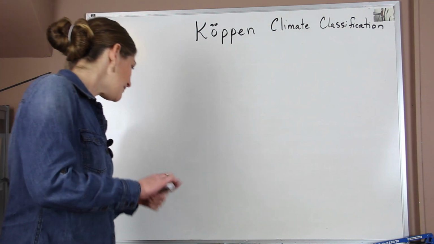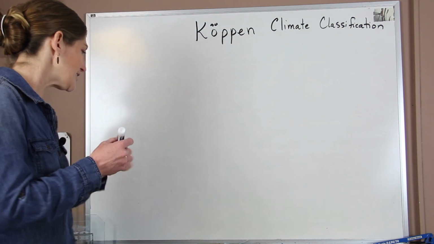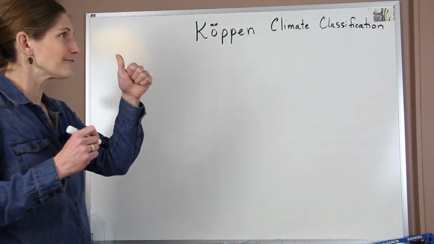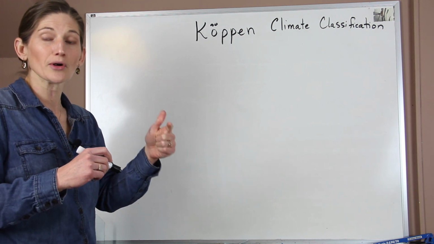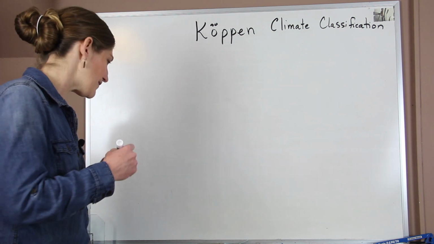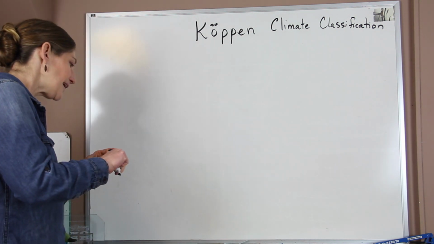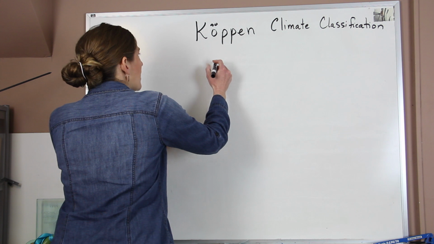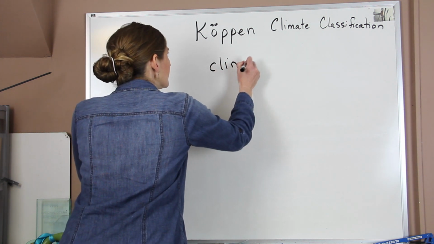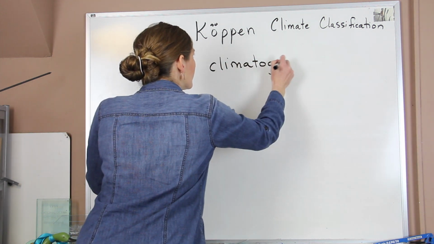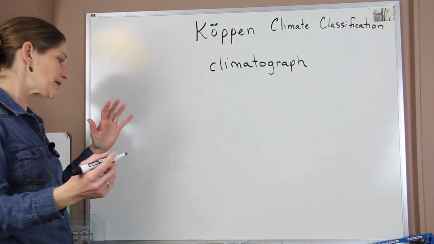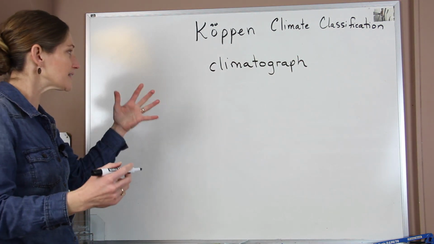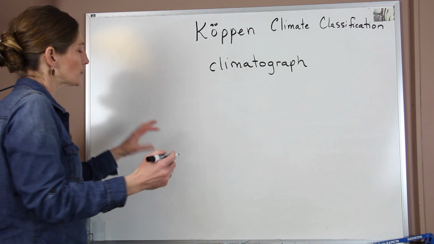All right, so when we look at this, we just want to remember that we're looking at the average temperature variations and precipitation variations per month and over the course of the year. We often like to put that into these things called climatographs. This is just a diagram that shows graphically what the temperature and precipitation are doing per year.